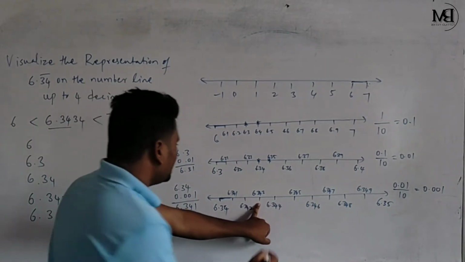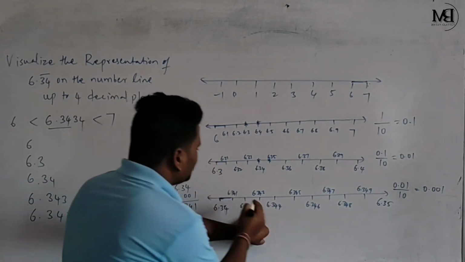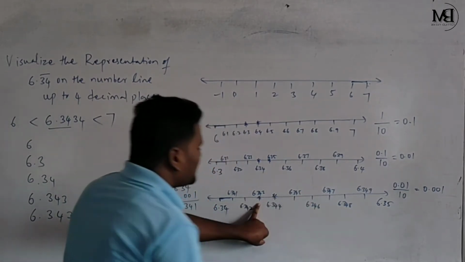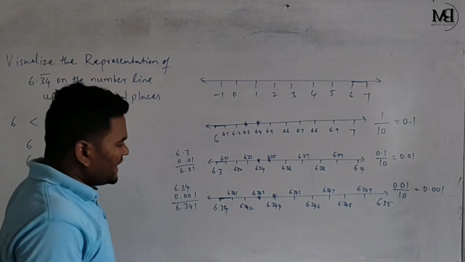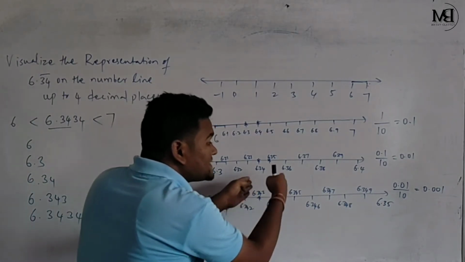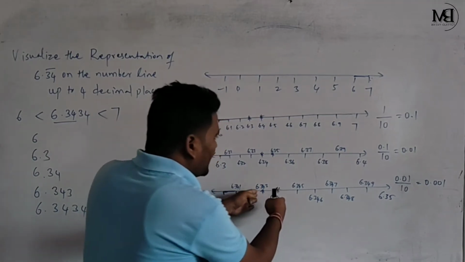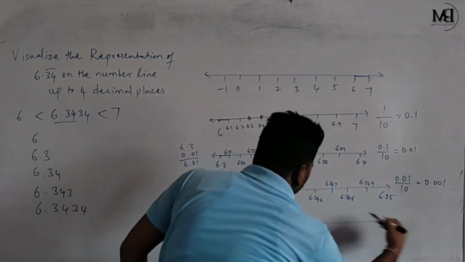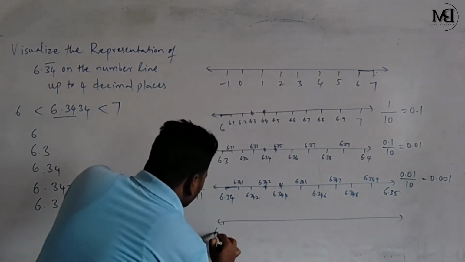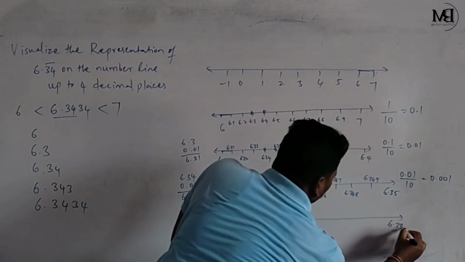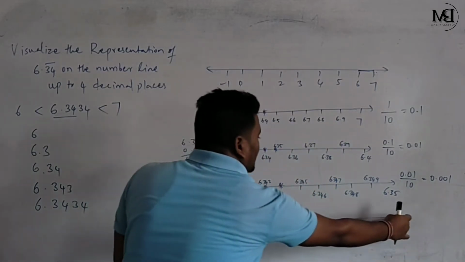Here it is. 6.343 is in between 6.343 and 6.344. Now I have to take this part, that is the 0.001 part I am going to take, my dear children. 6.343, 6.344.